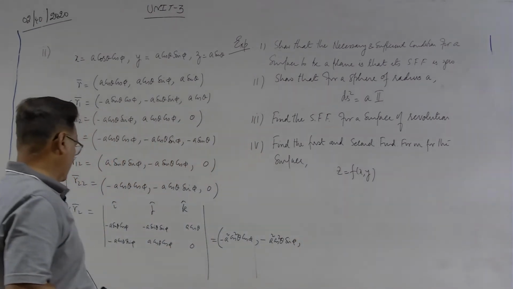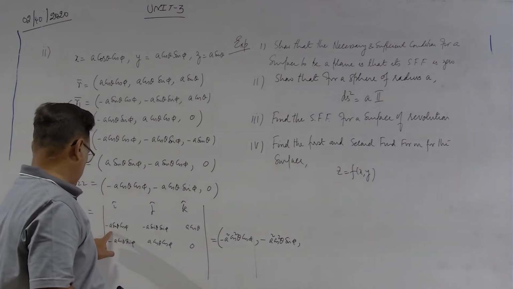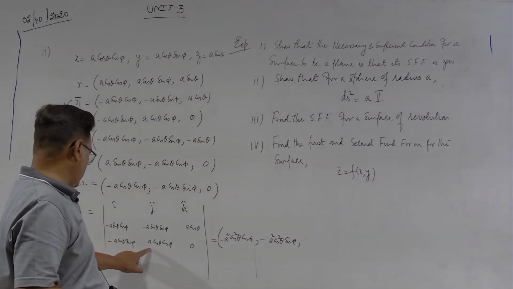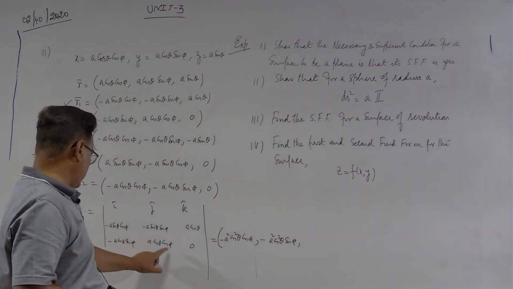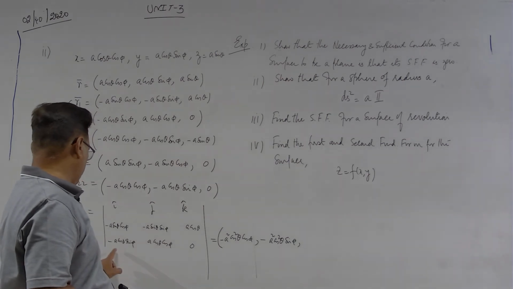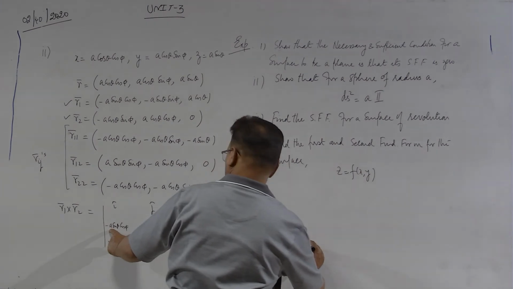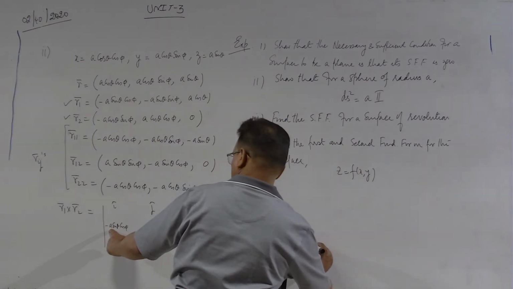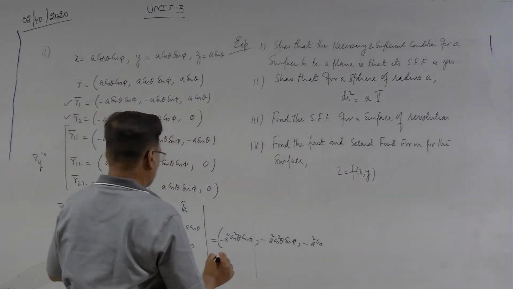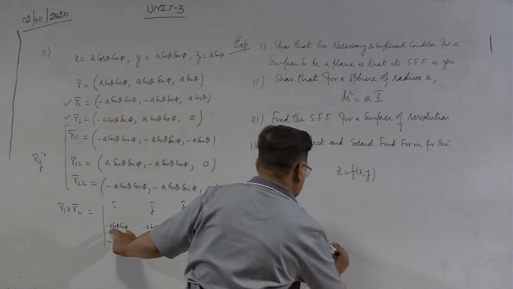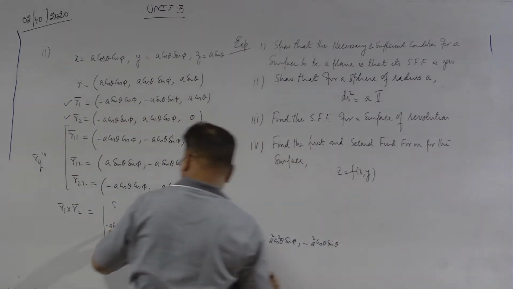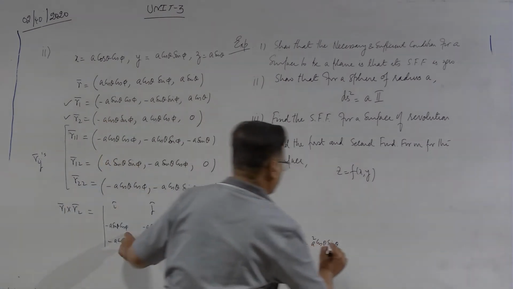Okay. Then minus a sin theta cos square phi, and this will be, okay, let me write down, minus a square cos theta sin theta cos square phi.